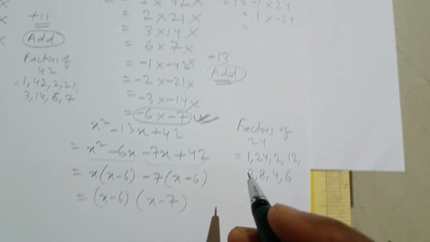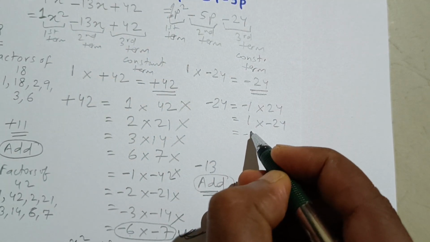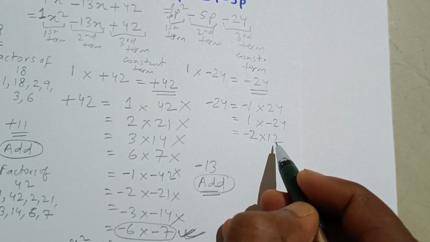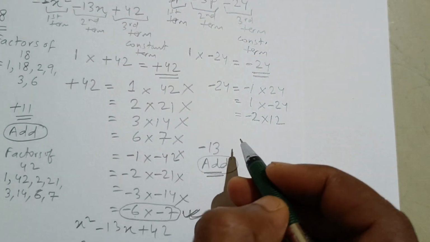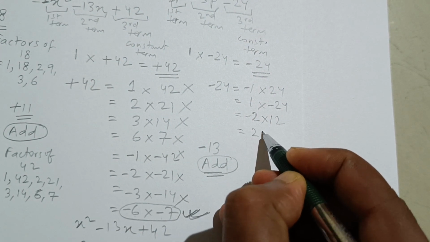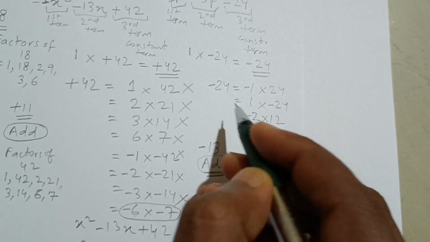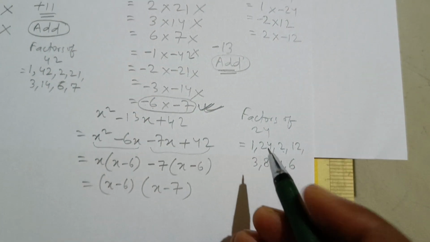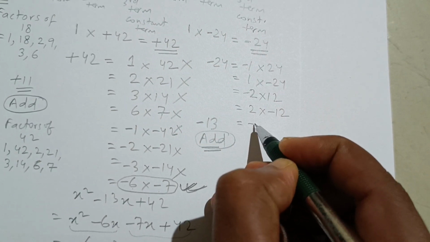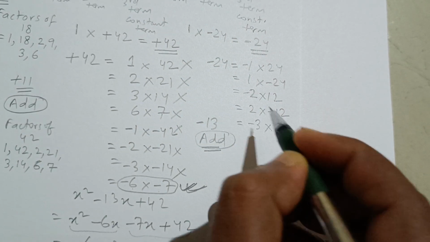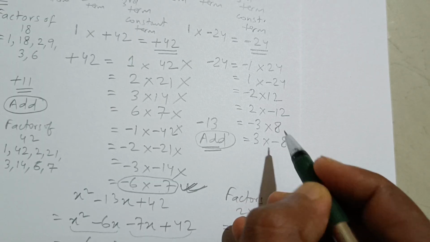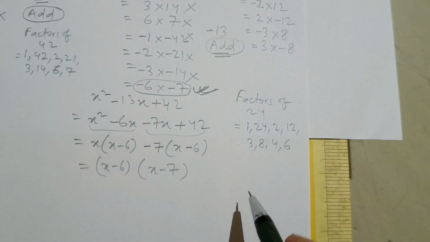So 1 and 24 I have taken. 2 and 12. Minus 2 into 12 is minus 24. Similarly, 2 into minus 12 is also minus 24. Then 3 and 8. Minus 3 into 8 is minus 24, and 3 into minus 8 is also minus 24.